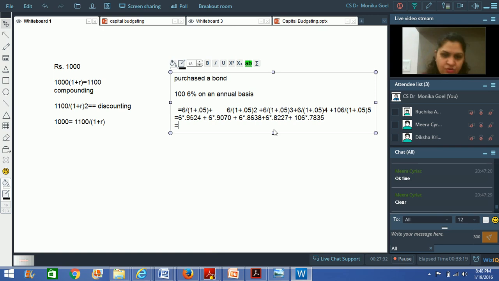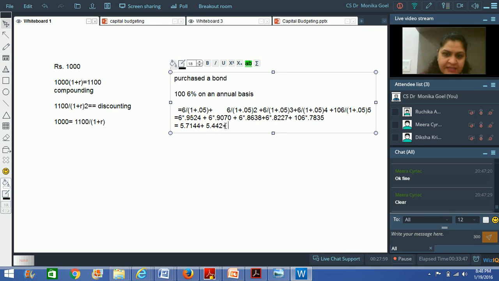So if the rate of interest for me, or if the cost of capital for me is 5%, so 6 multiplied by 0.9524 is equals to 5.7144. So that means 6 rupees which I am going to get after 1 year is equals to 5.7144 today, right?